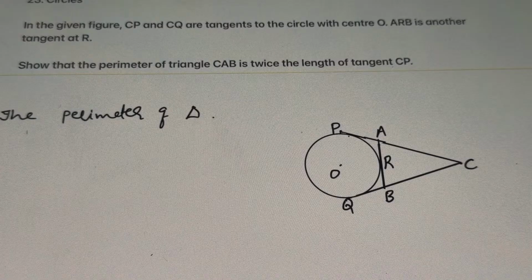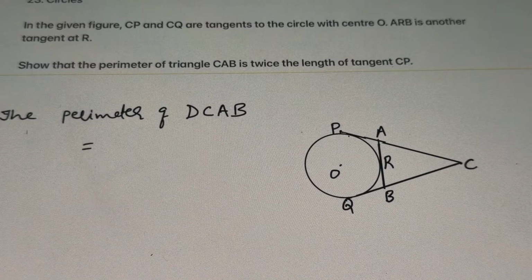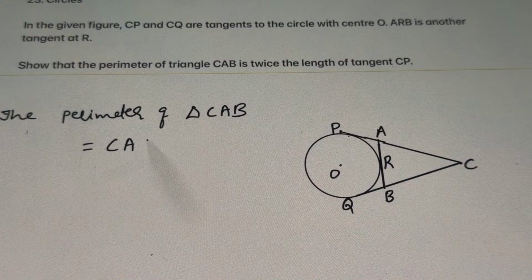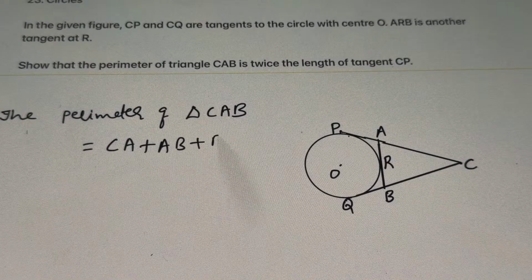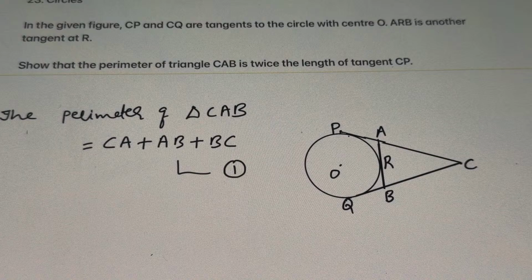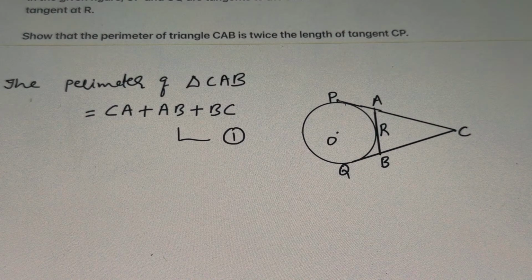The perimeter of the triangle CAB is equal to CA plus AB plus BC. Let this be equation 1.